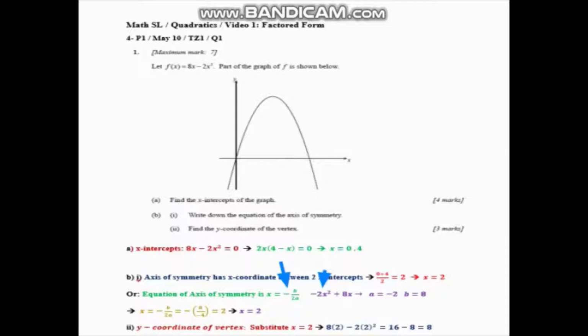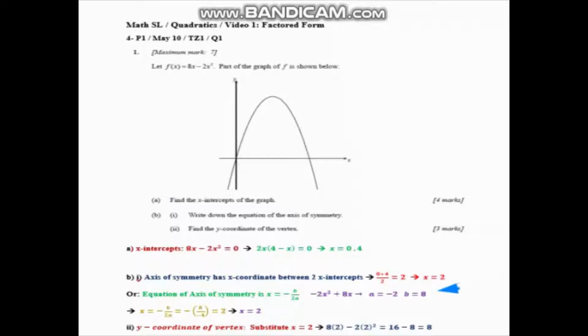And the b is the number that lies next to the x, and b equals 8 here. And c is the third number that does not exist in this specific case, because in this parabola we do not have a standalone number. Hence, I have found the values of a and b. They are negative 2 and 8.